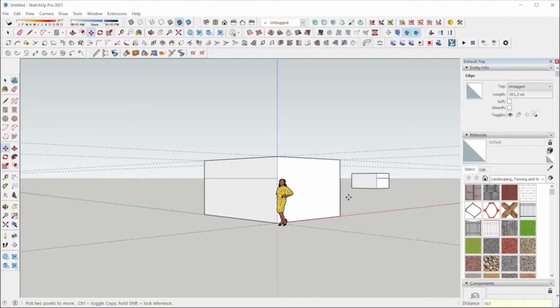So the horizon is located in front of my eye, and the height of that line is the same as the height of my eye level. If I change my eye level, I can easily change it here to 50 centimeters.